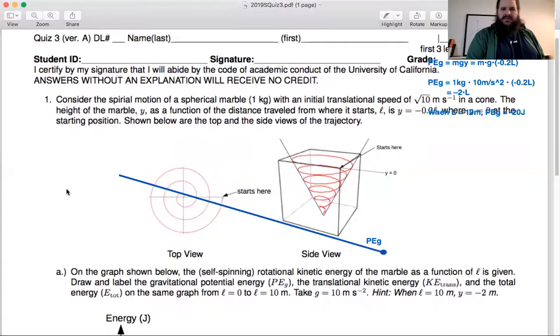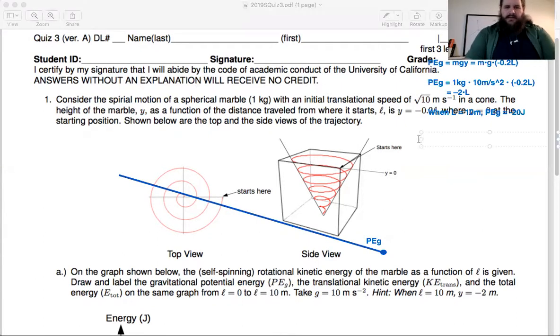We do know the initial speed, right? Yeah. Initial translational speed is square root of 10 meters per second. So let's see if we can work from there. And we also know its mass. So its kinetic energy is just going to be 1/2 times the mass times the speed squared.